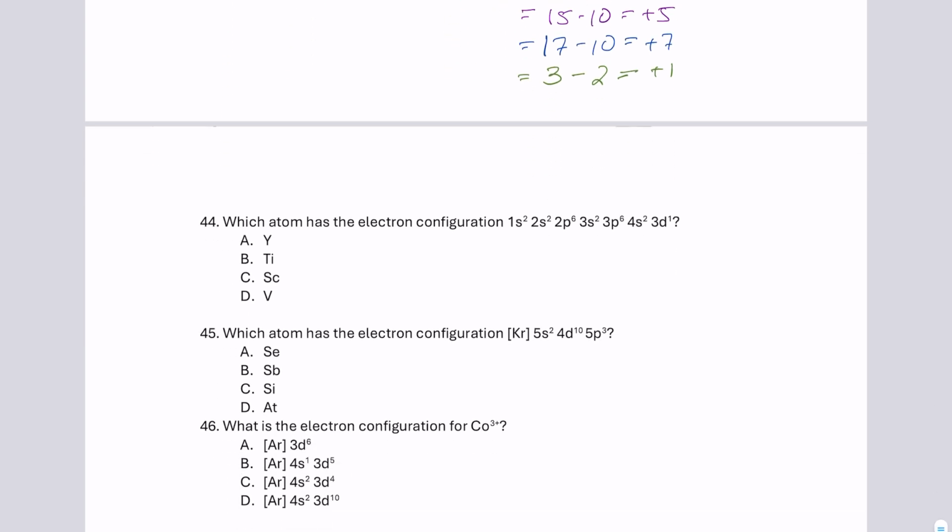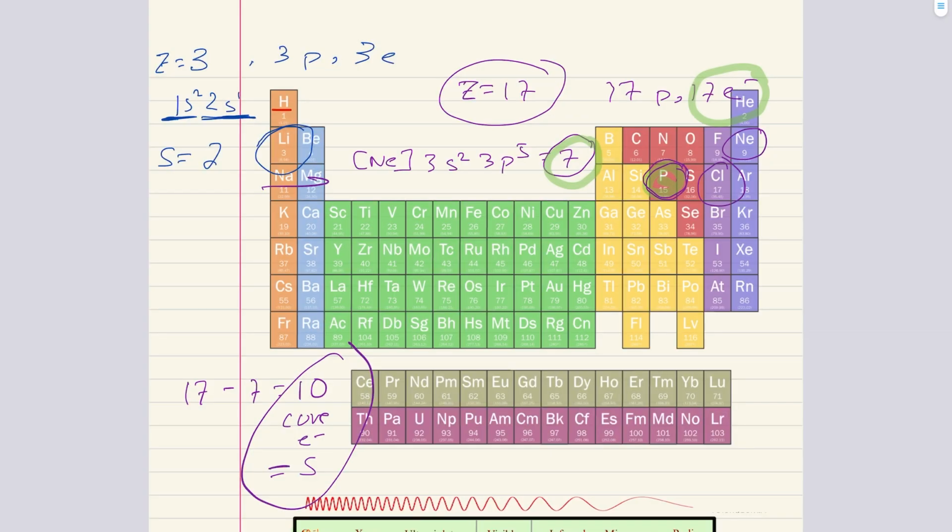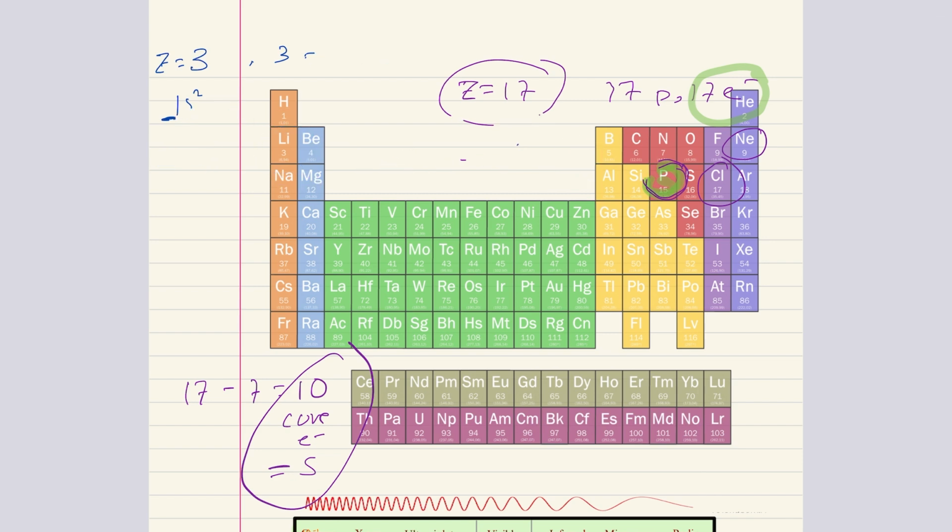Now we can move into problem 44. Problem 44 says, which atom has the electron configuration 1s2, 2s2, 2p6, 3s2, 3p6, 4s2, 3d1? We really just need to pay attention to this ending right here. So we can go to our periodic table and try to figure out which element this is referring to.